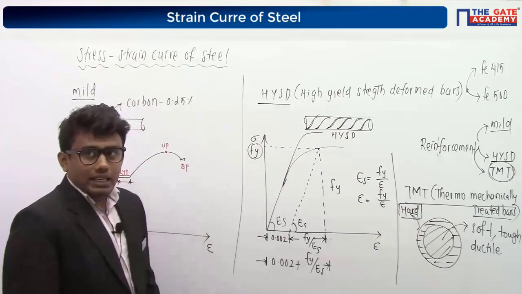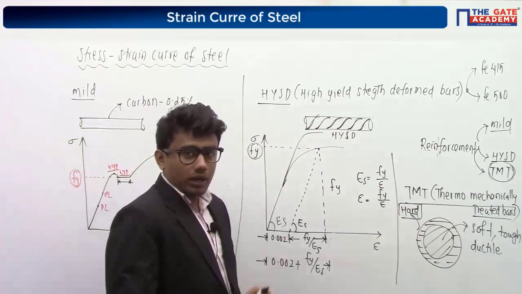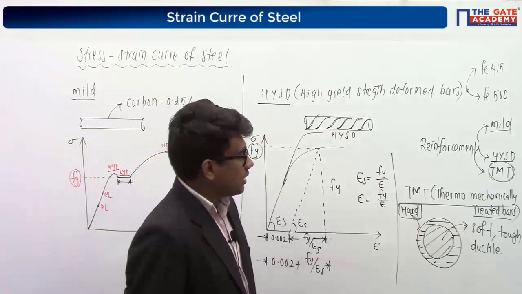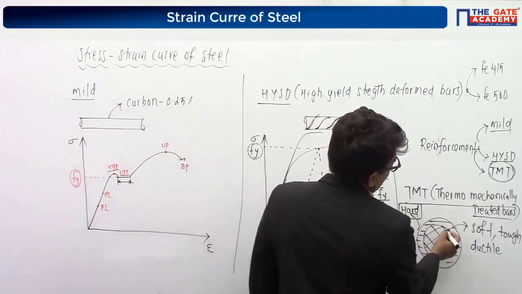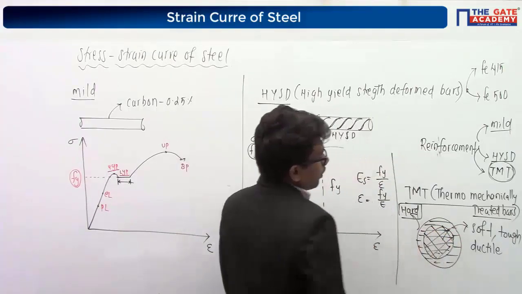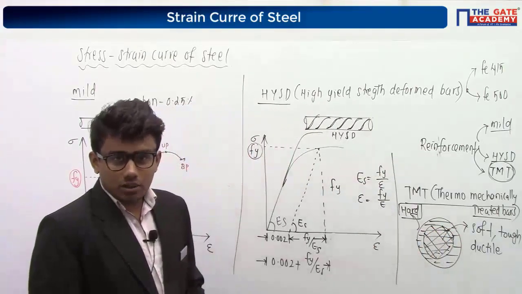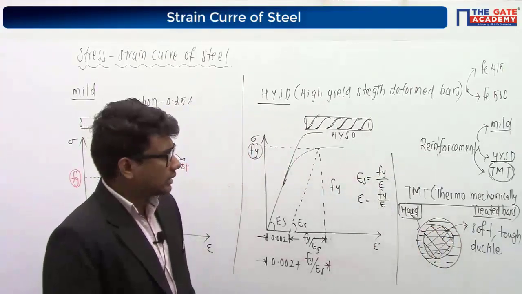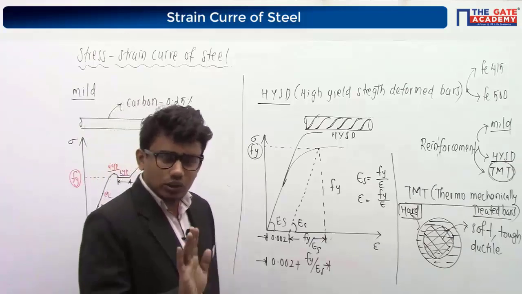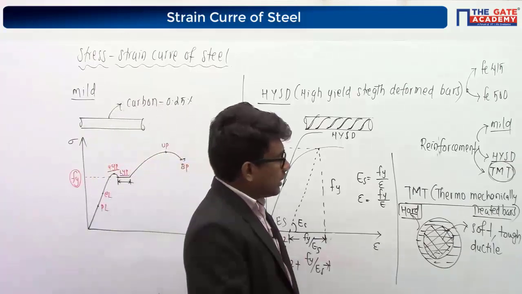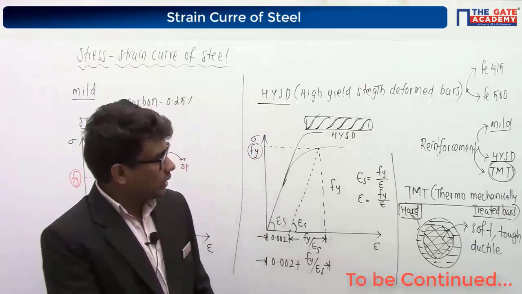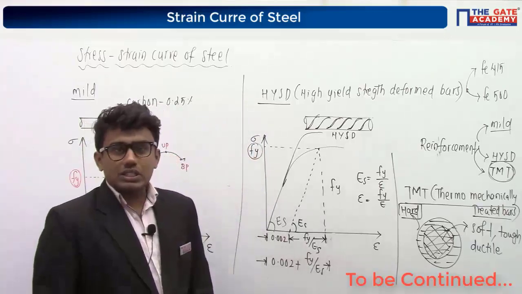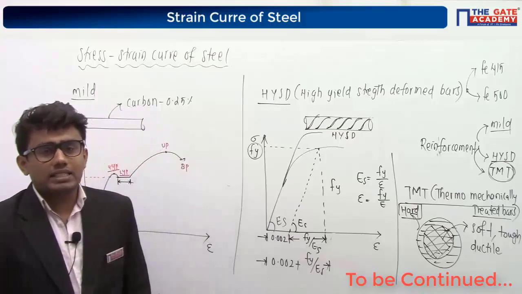In thermomechanically treated bars, all the properties are similar to our HYSD steel bars, but we have a soft inner core and a hard outer core. The inner core will be ductile in nature, more ductile than the outer core. That's the only difference you have to understand, the only thing you have to remember. The difference is in the manufacturing process of our TMT and HYSD steel bars. Otherwise, the chemical composition will be exactly the same.